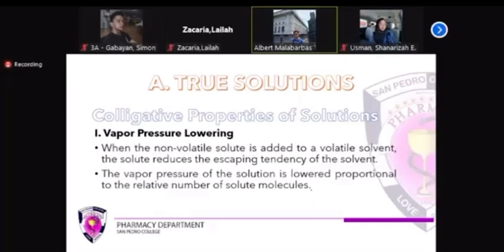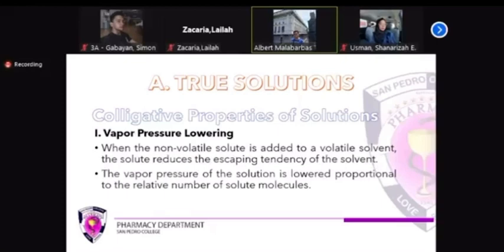Alright, next. The next part, we have the colligative properties of solutions. When we say colligative properties, it was defined earlier. It is a type of property that depends upon the number of components of the system. If the number of components changes, this property also changes.